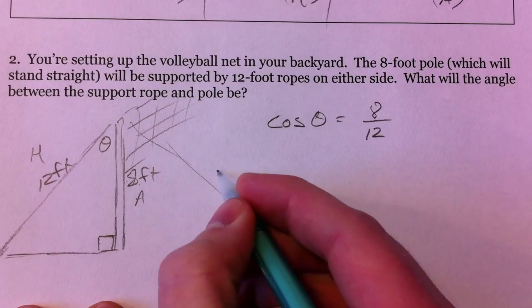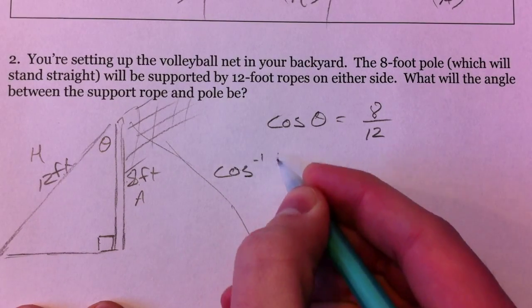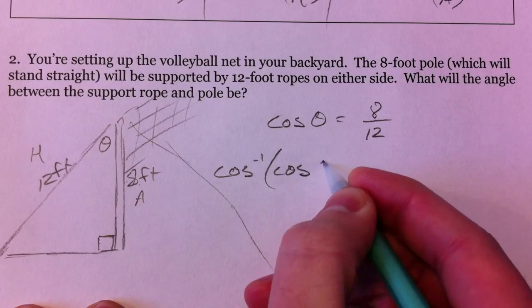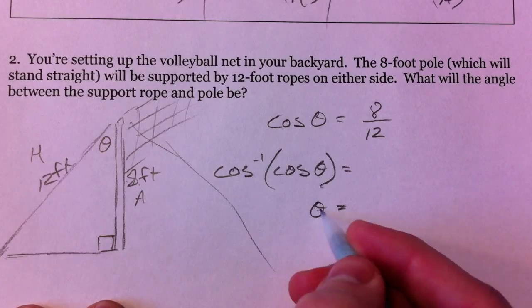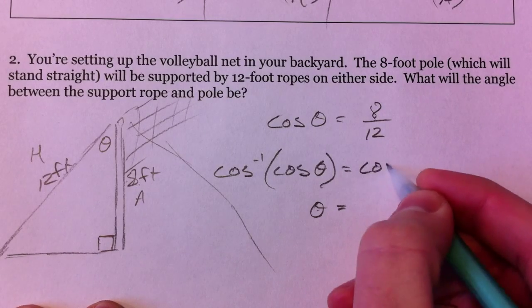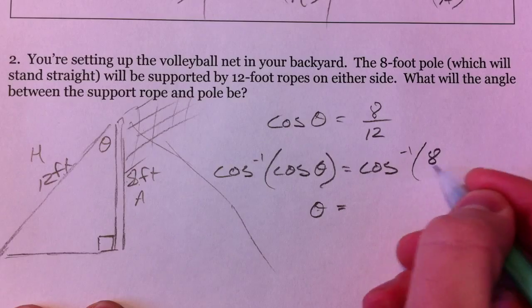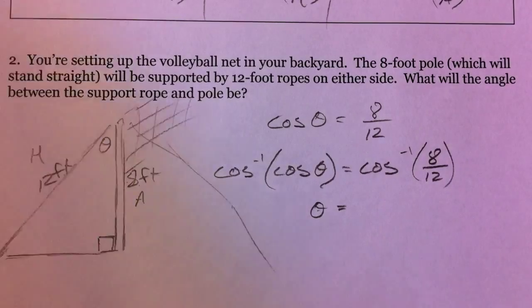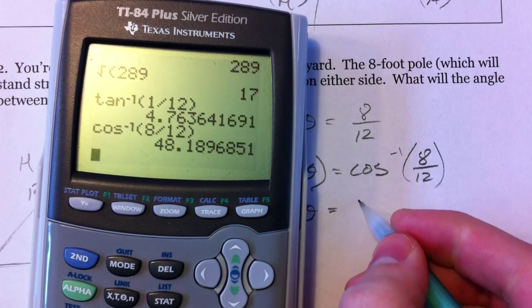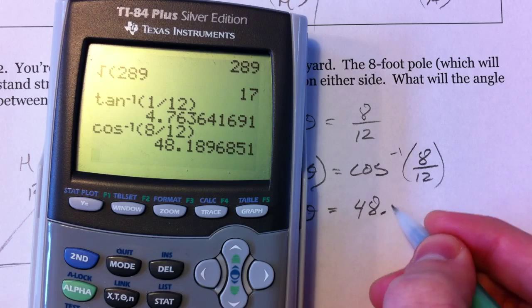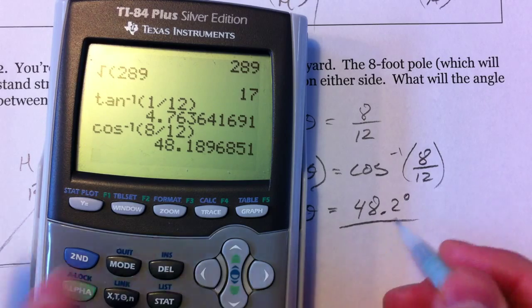And so inverse cosine of the cosine of the angle is going to just give you theta, the angle. So inverse cosine of 8 over 12, again dealing in degrees, is 48.2 degrees.